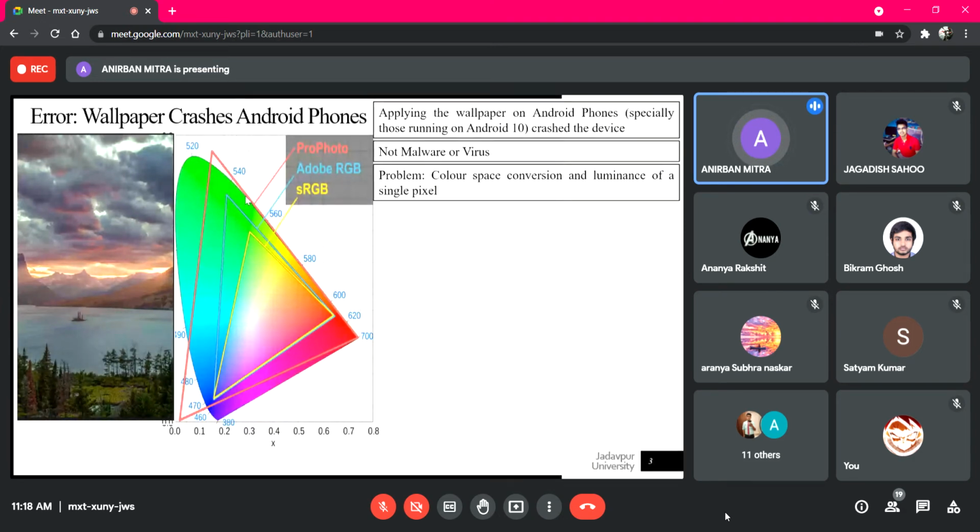And by conversion, we mean that if suppose a point is somewhere around here, for example, once this conversion is done, this point obviously would move over to here in the sRGB color space. So that is what we mean by the conversion of color space. And as I said, Androids also have the capability of handling ProPhoto RGB.